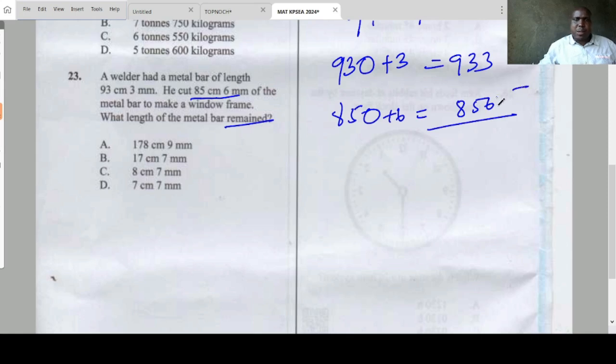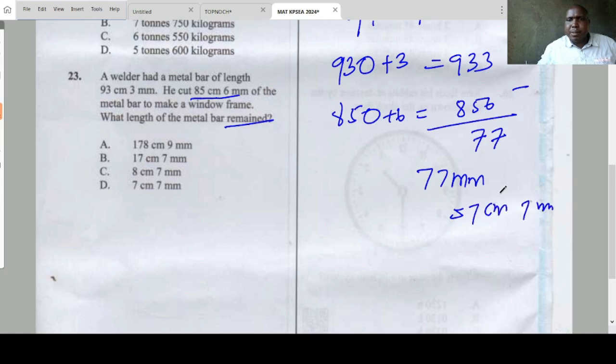So now you subtract, this is in millimeters. 13 minus 6, you borrow 1 from here, 13 minus 6 is 7. We remain with 12. 12, you borrow 1 from 9, 12 minus this is 7. So this is 77 millimeters. 77 millimeters is the same as 7 centimeters, 7 millimeters.